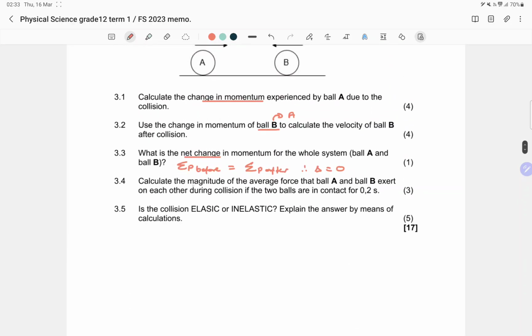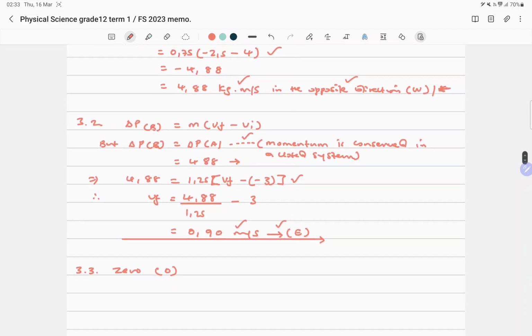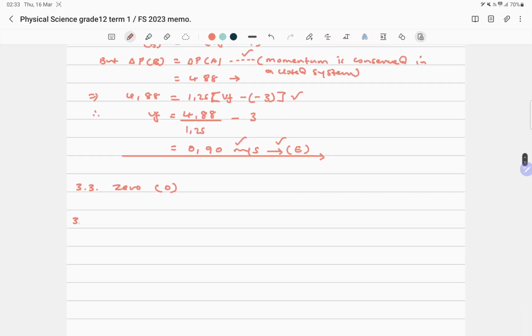Calculate the magnitude of the average force that ball A and ball B exert on each other during collision if the two balls were in contact for 0.2 seconds. That's easy. So we know that the impulse equation is going to be F delta T is equal to change in momentum.